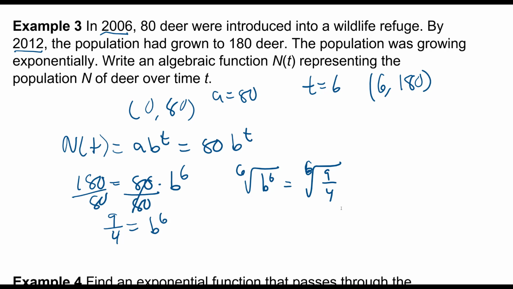But anyway, in this problem b has to be positive. So I guess a b between 0 and 1 is decreasing, but you wouldn't have a negative b. So I may have misspoken there. So b equals, taking the 6th root, 1.1447.